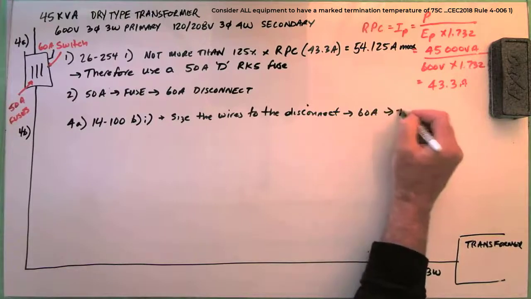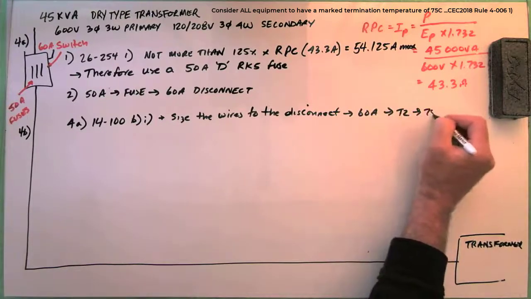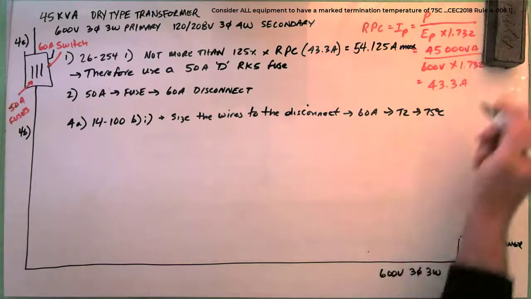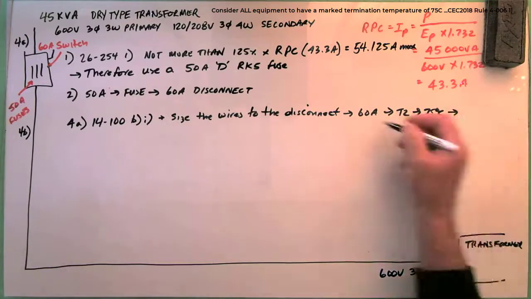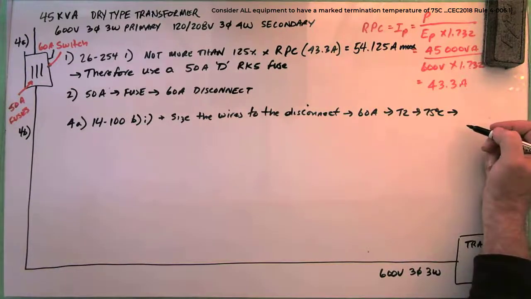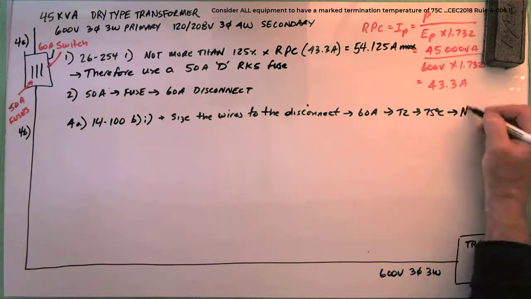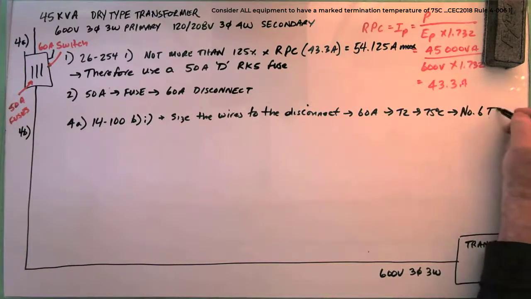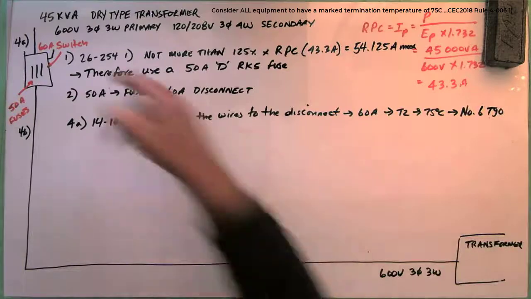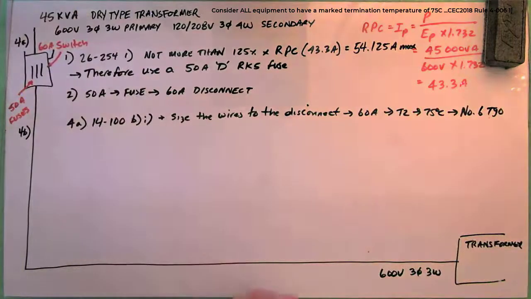Go to Table 2, 75°C, and pick a wire good for the disconnect size of 60. Therefore, number 6 T90s. So 4A is going to be number 6 T90s coming in based on the switch size.